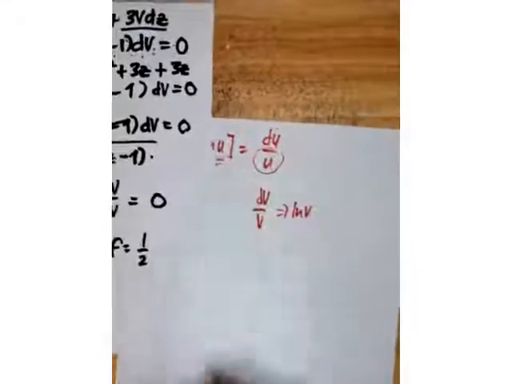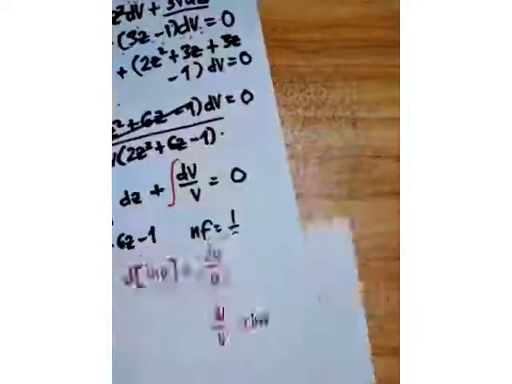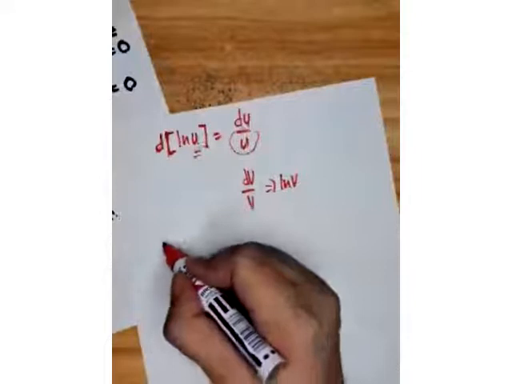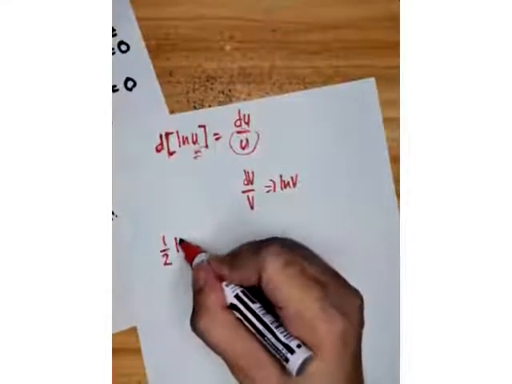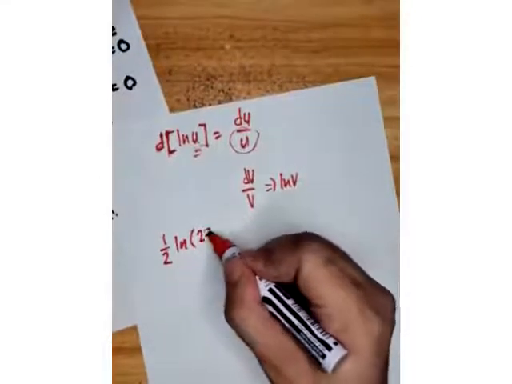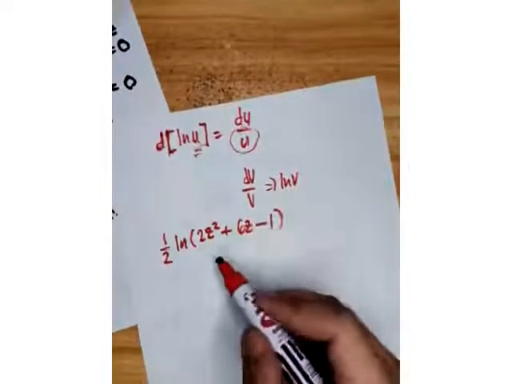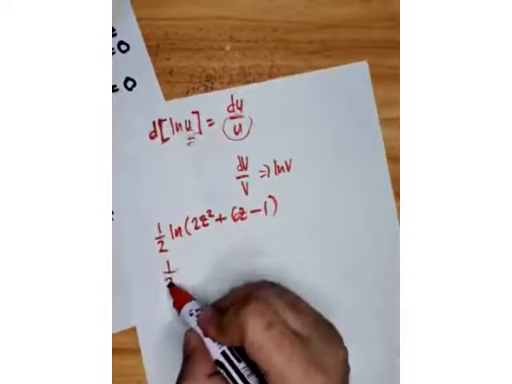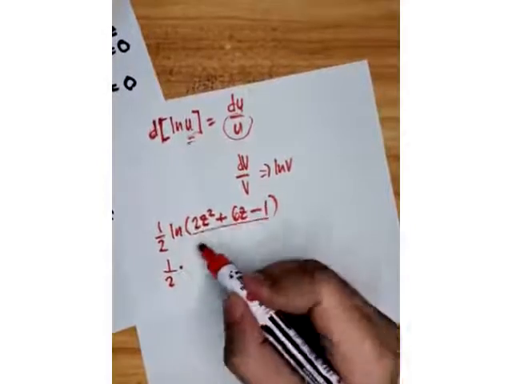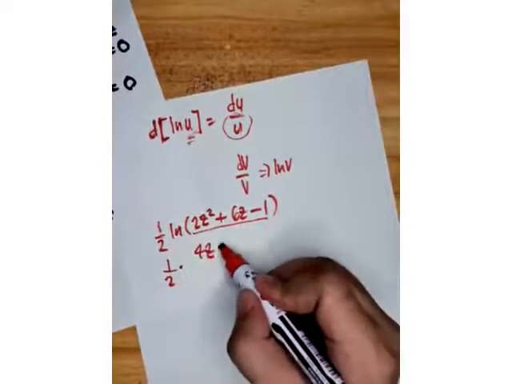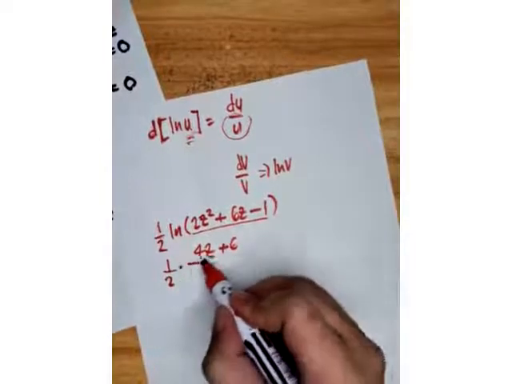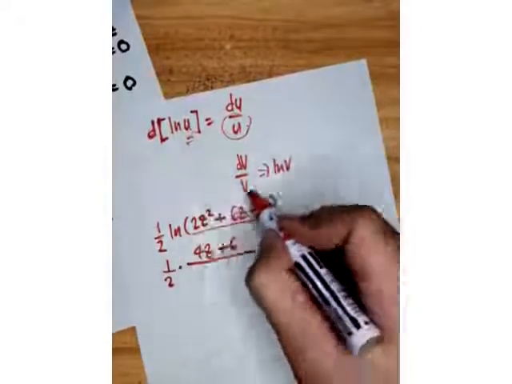Babalik na rin natin. So, halimbawa, di ba ang sinulat ko, ang integral ko is 1/2 ln of 2z squared plus 6z minus 1. So kung i-derive natin ito, this is 1/2 times, i-derive ko to, so that is 4z plus 6 over yung u mismo, the whole thing.